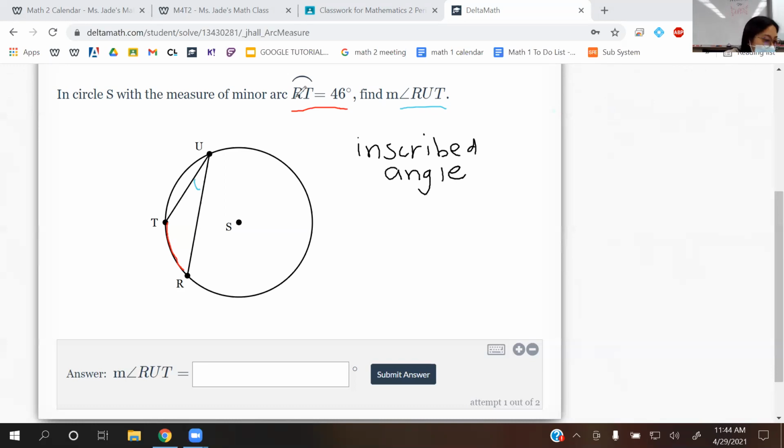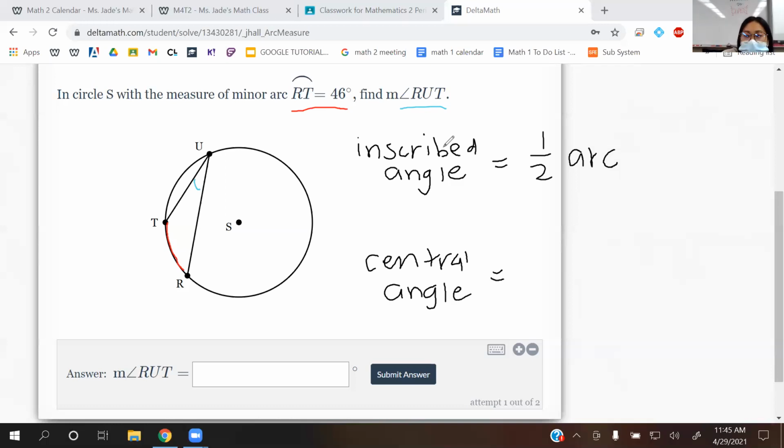So if we have an inscribed angle, this will be equal to 1/2 of the arc. And then if you have a central angle, this will be equal to the arc measure.